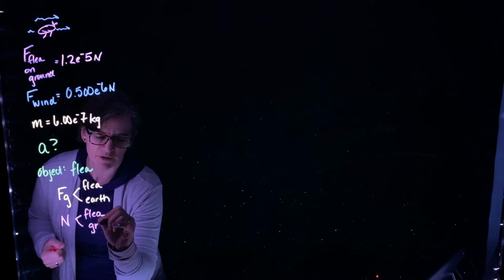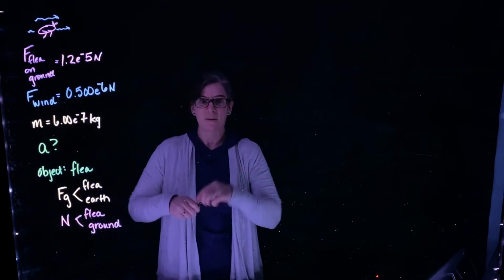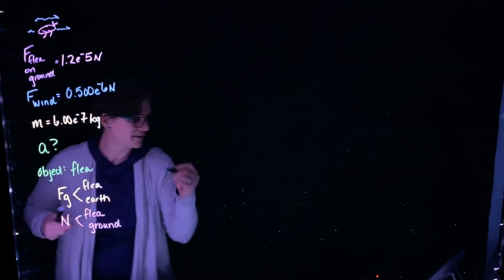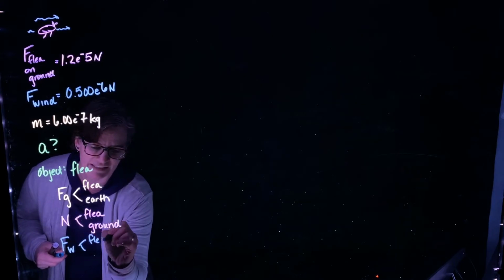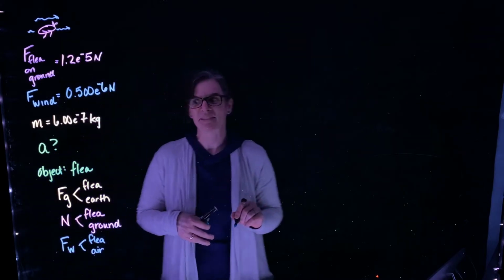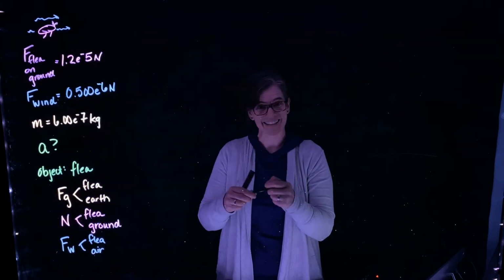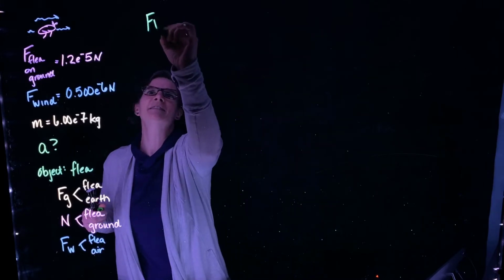And so that's between the flea and the ground. And then we know this wind is blowing. So we have the force of the wind, and that's between the flea and the air. So the wind that's blowing on the flea. All right, those are the only forces acting. So let's draw our free body diagram of the flea.